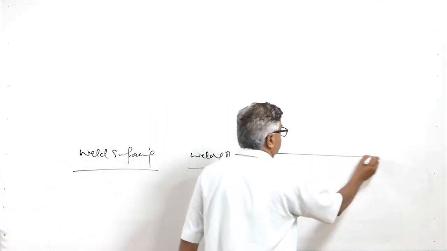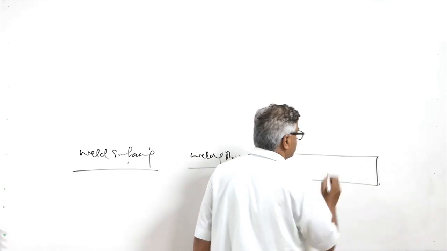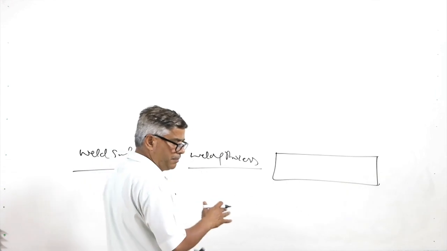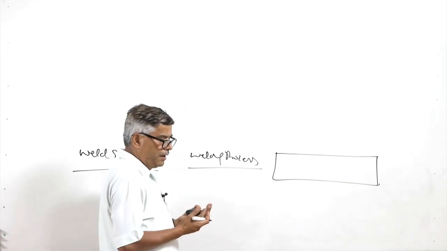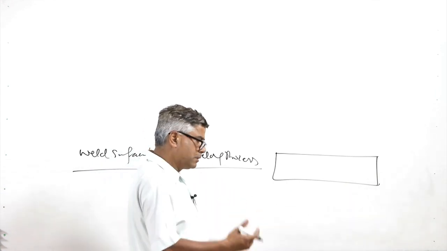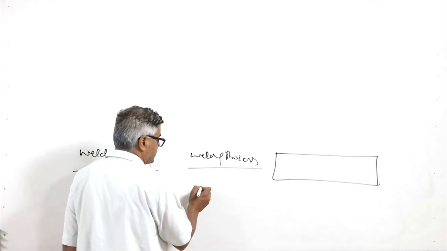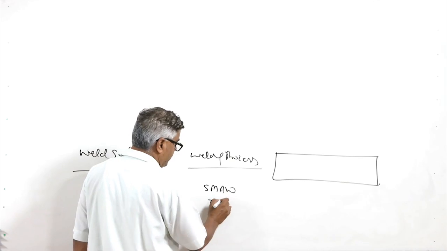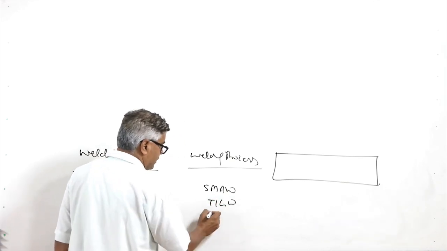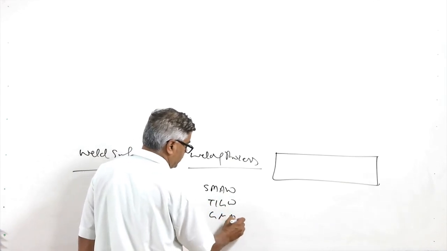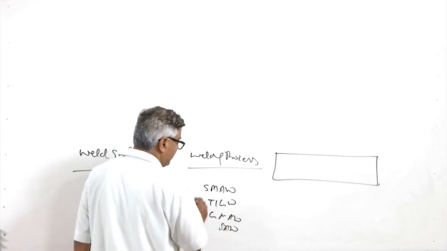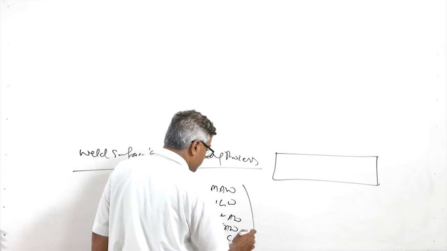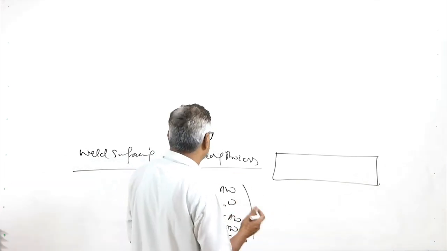So here the substrate is like this, and we can use any welding process for applying a layer of the suitable material. For example, shielded metal arc welding, TIG (tungsten inert gas) welding, gas metal arc welding, submerged arc welding, or flux cored arc welding can be used for depositing the surfacing.